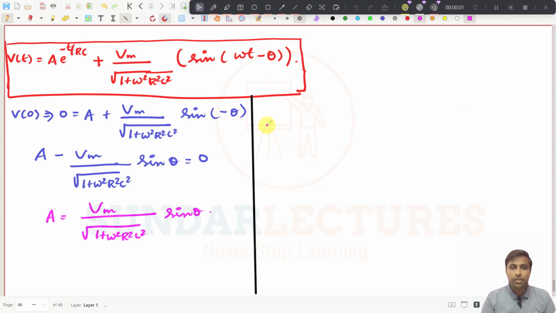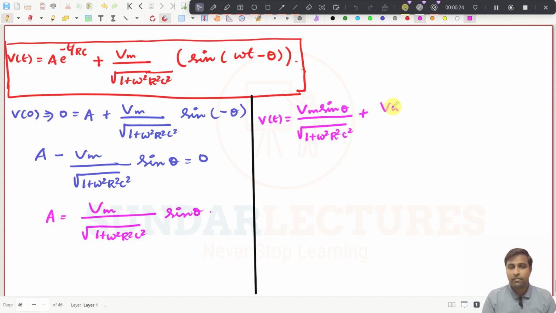So if I substitute the value, V of t can be written as, what is this A? This is the value of A. So it will be Vm sin theta, I can write directly, sin theta divided by square root of 1 plus omega square r square c square, and then it will be plus Vm divided by square root of 1 plus omega square r square c square.